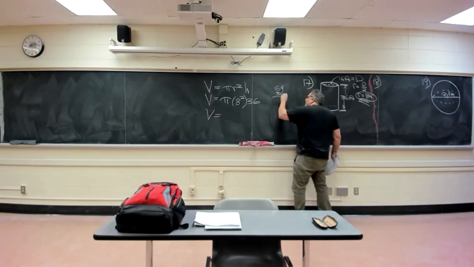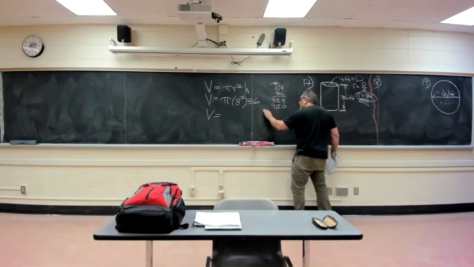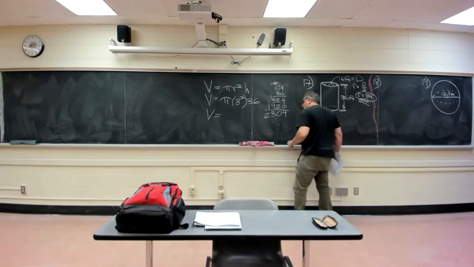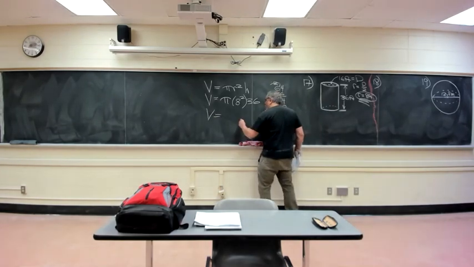6 times 4, 24. 6 times 6 is 36, and 2 is 38. Put a 0 here. 3 times 4 is 12. 3 times 6 is 18, and 1 is 19. Then 4, 10 right here, 13. 2304.